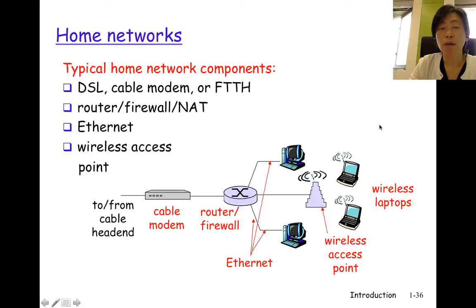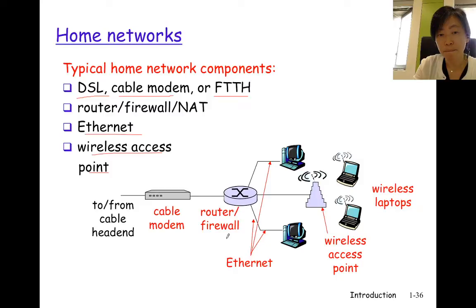Now, to sum up access networks, what have we seen before this slide? ADSL, cable modem, fiber to the home, Ethernet, and then wireless access. If you observe the home network that you have, you might see something like this.